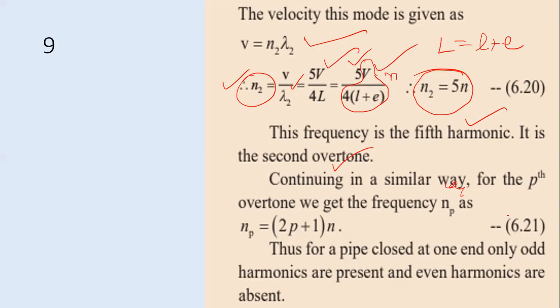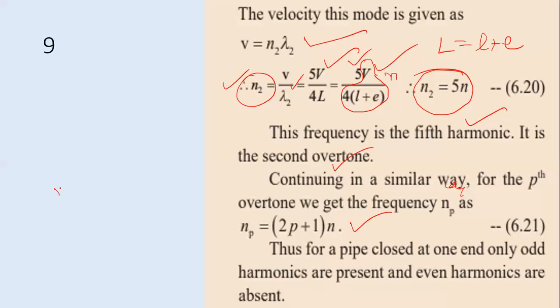Continuing in a similar way, for the pth overtone, we get frequency Np as 2p plus 1 into n. We can find out the frequency of any pth overtone by the formula Np is equal to 2p plus 1 into n. So, what will be the frequency of the seventh overtone?